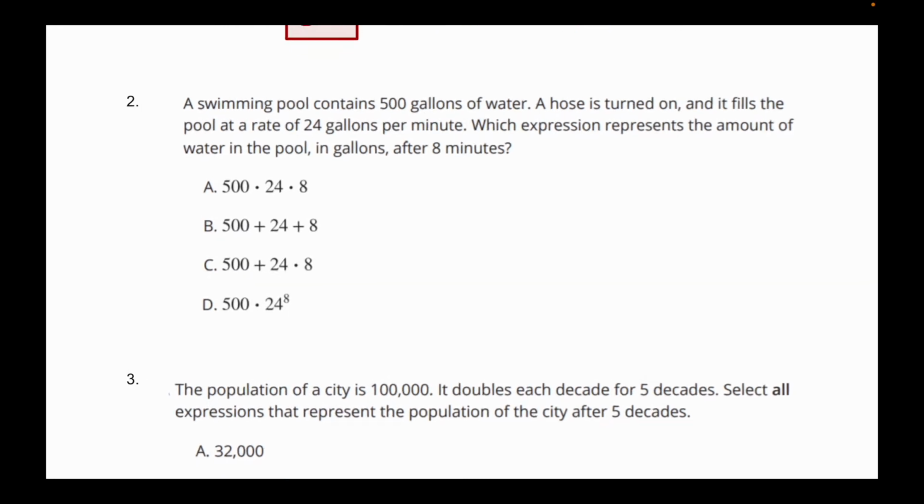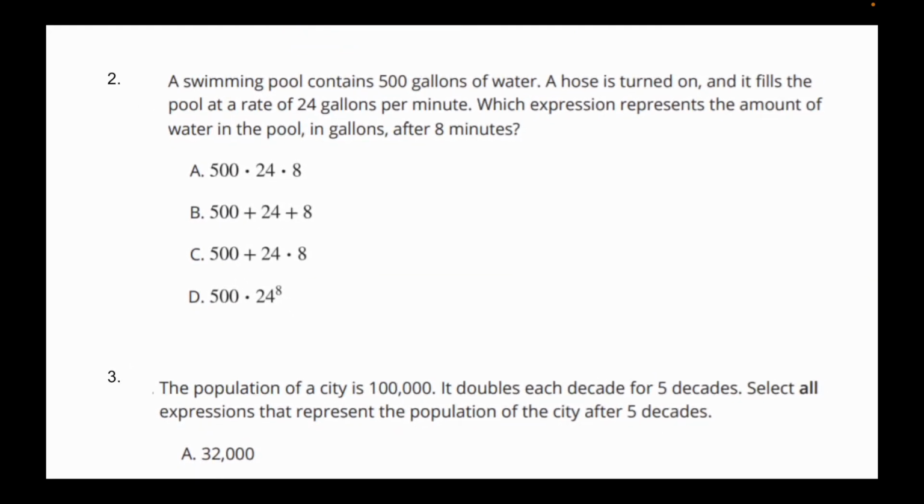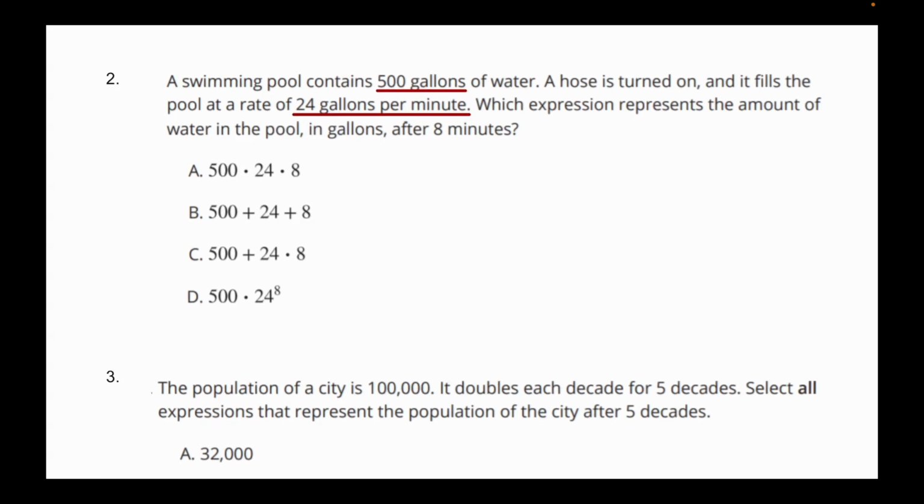We have a swimming pool containing 500 gallons of water. A hose is going to be turned on and it will fill the swimming pool at a rate of 24 gallons per minute. So that seems important. We also had 500 gallons in there. Which expression represents the amount of water in the pool in gallons after 8 minutes?